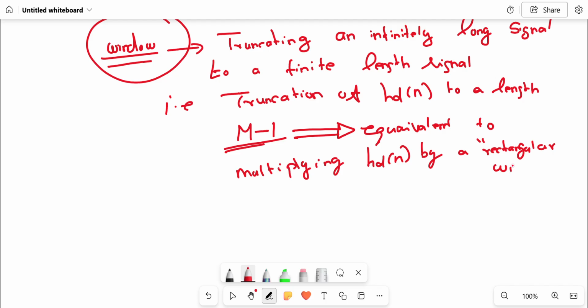The window may be of different types: rectangular window, Hamming window, Blackman window, or other window techniques.